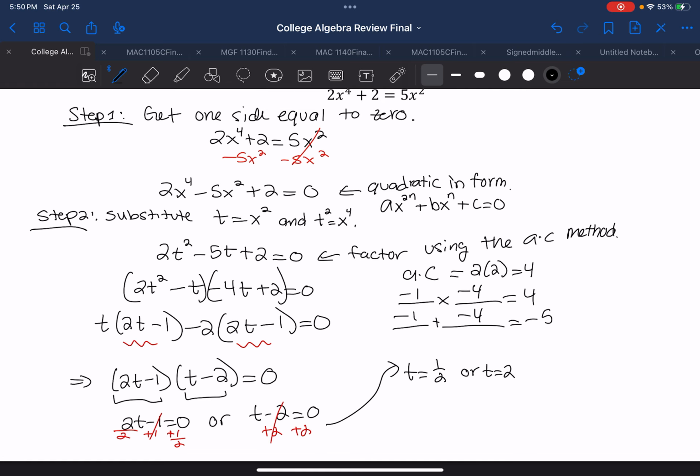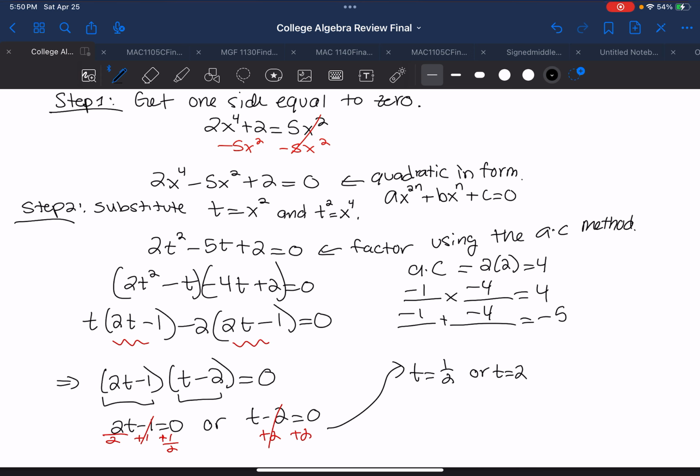All right, now once I get an answer for t, you have to remember to substitute back in the x squared, because I said that t was equal to x squared. So I have to now back substitute in step 3.